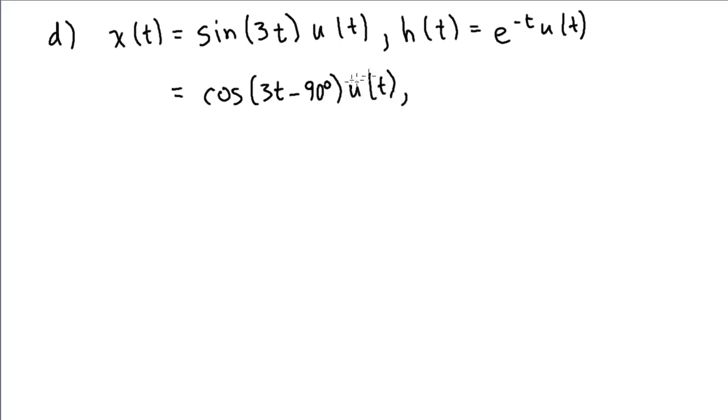Now you can find in the convolution table the result of convolving a switched cosine with a switched exponential.